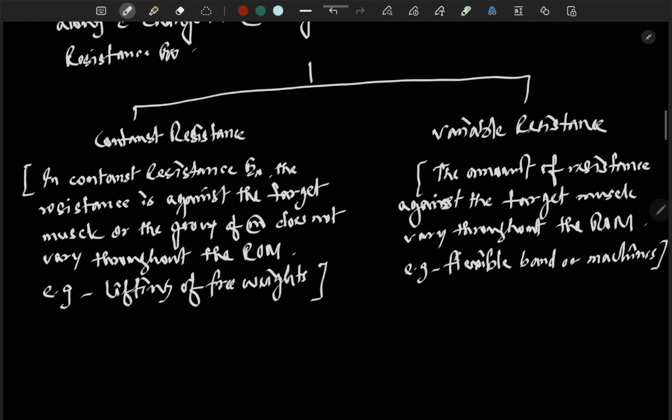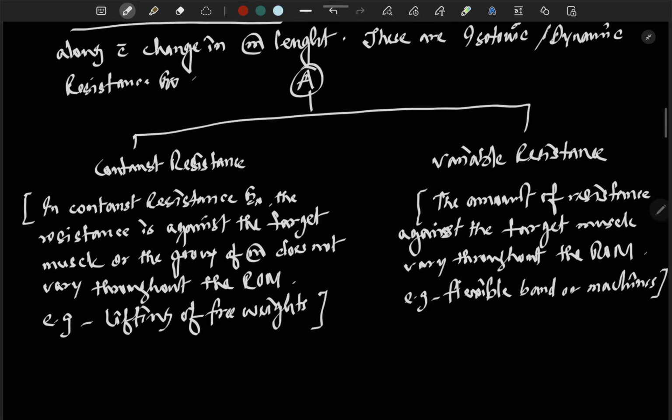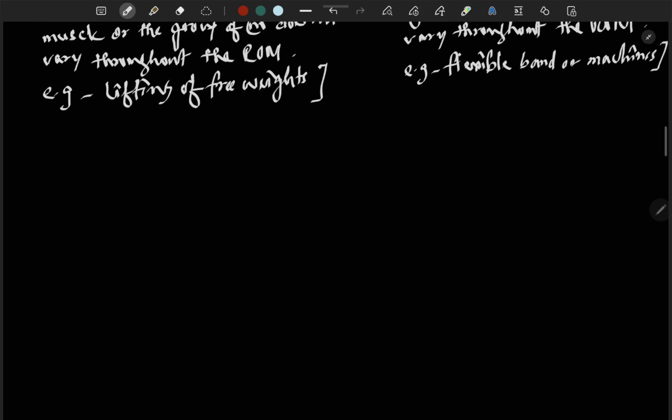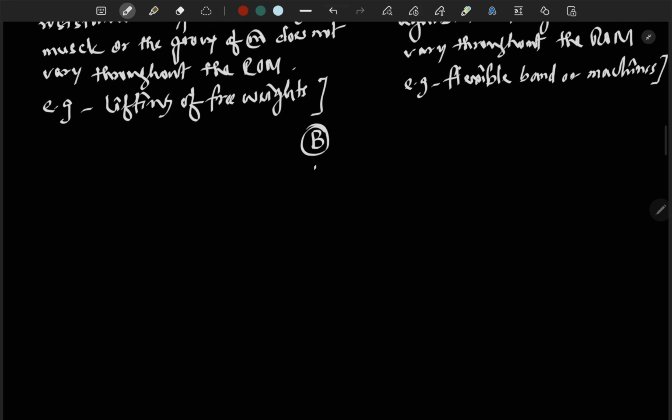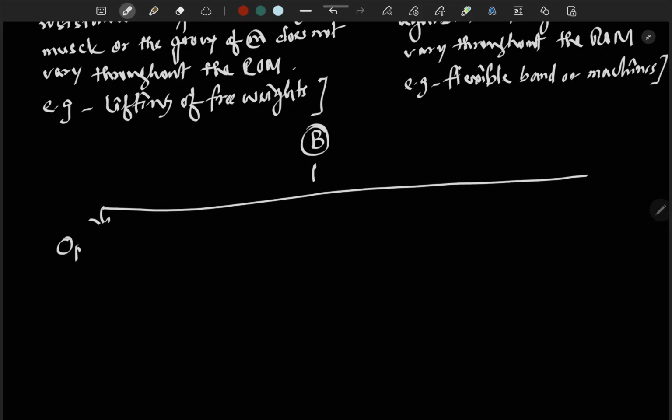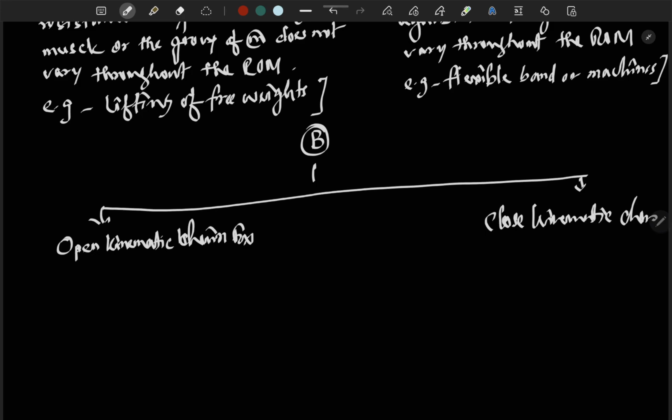One category is constant resistance or variable resistance, and another category is divided into open kinematic chain exercise and close kinematic chain exercise. What is open?